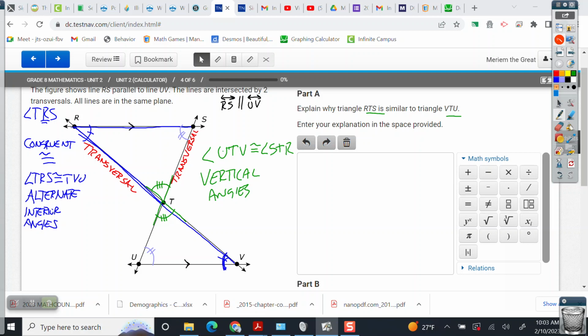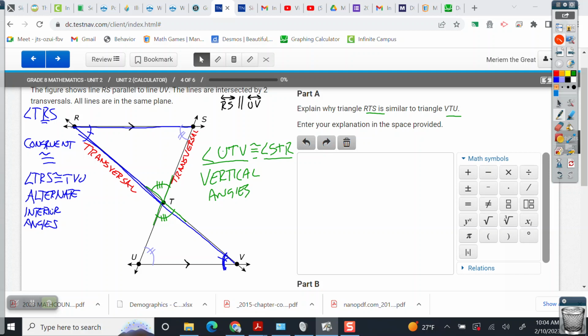Okay, so what has to be true about similar figures? What do they have in common? Davis? The angles have to be the same. So in this problem, what we are being expected to say is that angle UTV is congruent to angle STR because they are vertical angles.